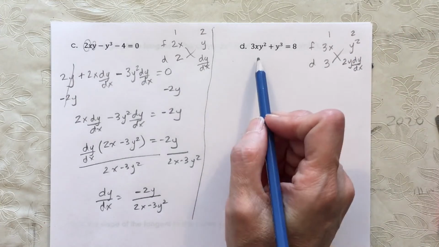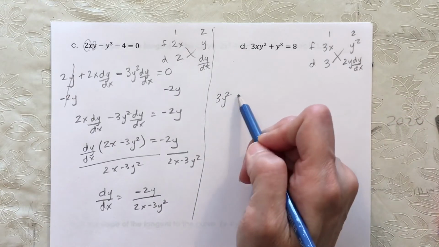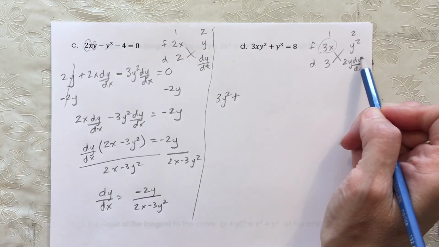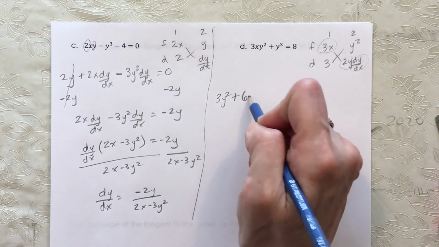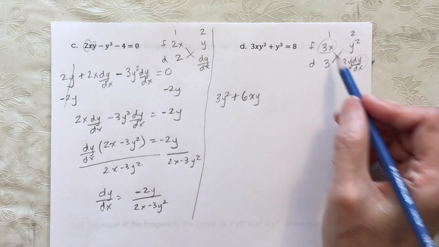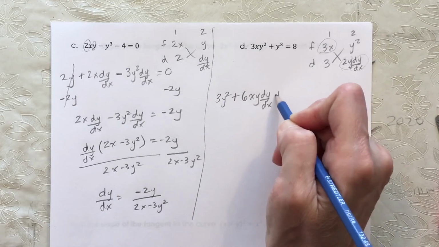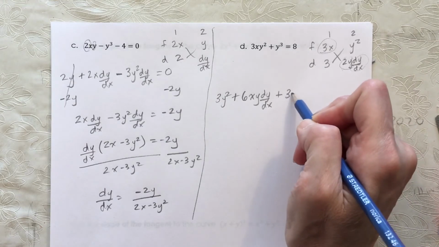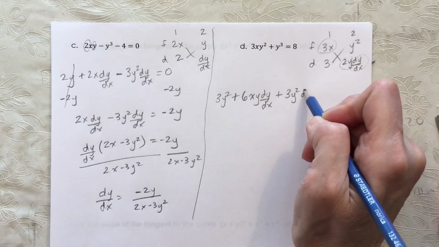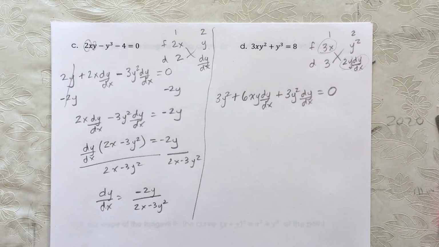So when I derive, I'm going to get 3y squared plus, so careful here, 3x times 2y times dy by dx, which is 6xy dy by dx, plus the derivative of y cubed, which is 3y squared dy by dx, chain rule, equals 0, because the derivative of any constant like 8 is 0.